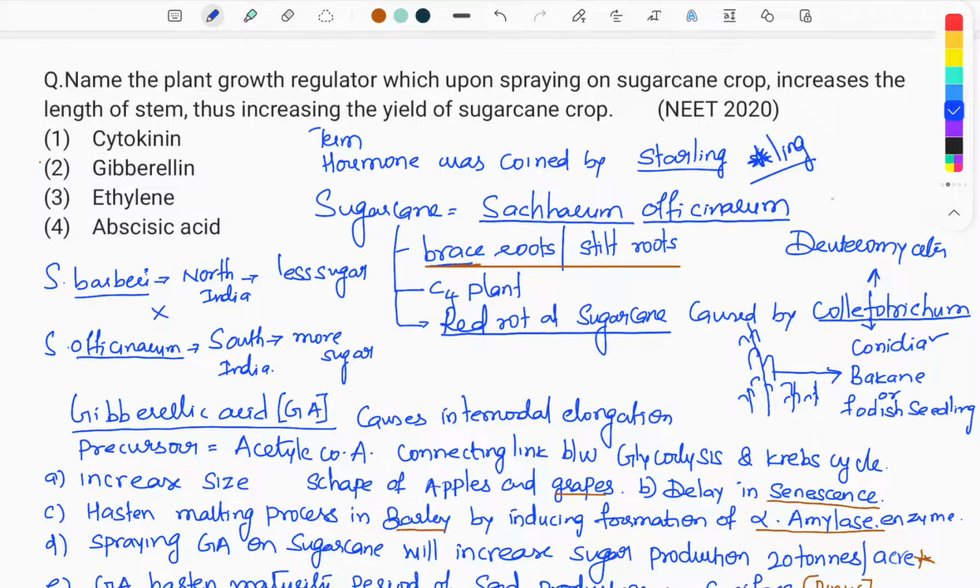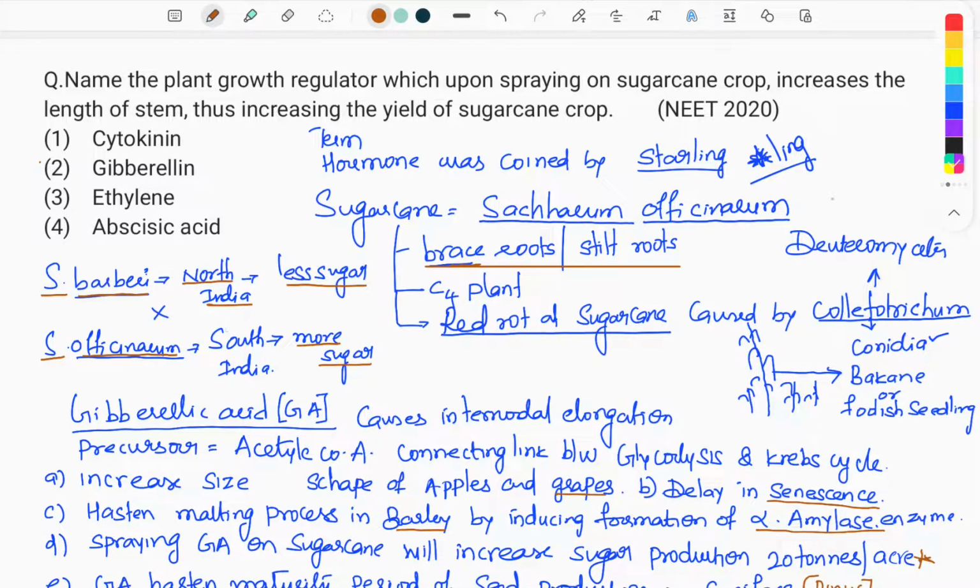We have another note about sugarcane, that is Saccharum. There are two varieties, Saccharum barberi and Saccharum officinarum. Saccharum barberi grows in northern India and produces less sugar. Saccharum officinarum grows in southern India and produces more sugar.